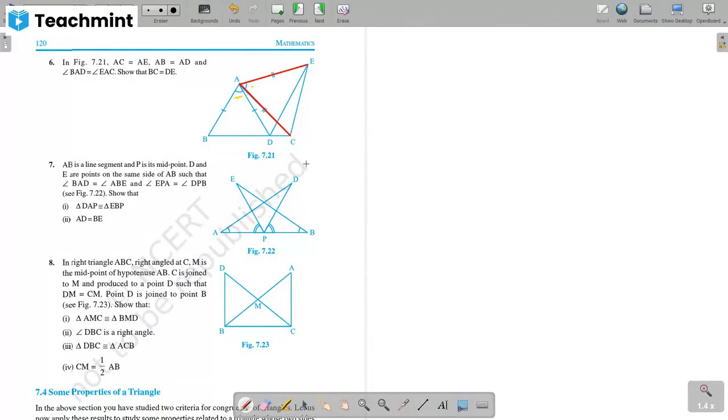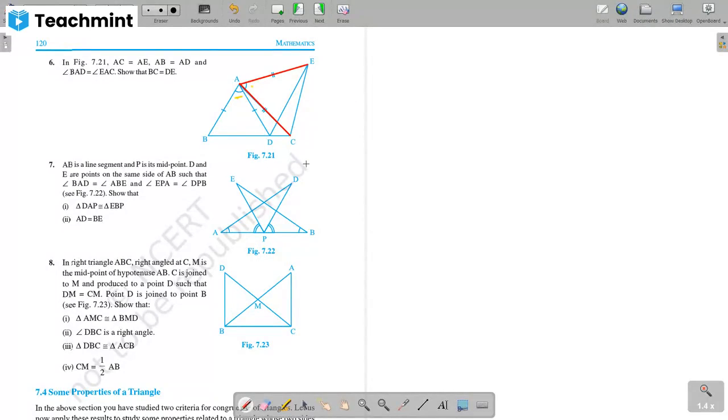How will you prove? Ma'am, by making the triangles congruent. By proving the triangles congruent, which two triangles?